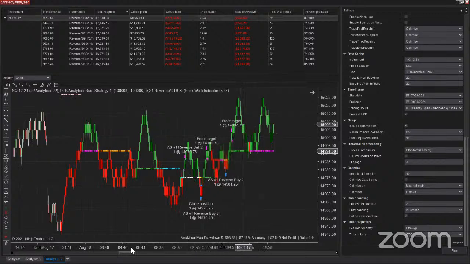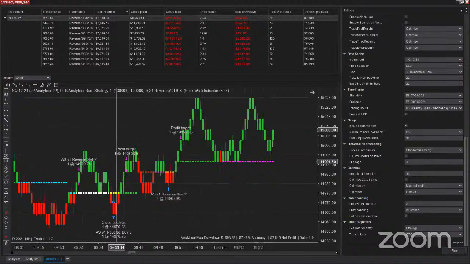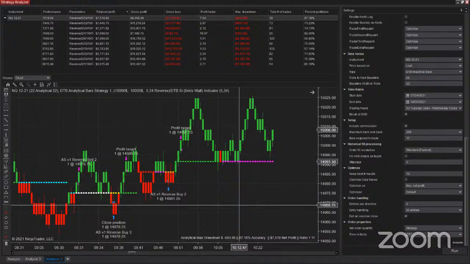You see it's entering much fewer positions, but when it takes a position, it's entering a reverse, and if the price is bouncing around like it does, it's going to be entering those types of positions. That's the cool thing about the strategy, you've got the reverse built into it to be able to take that option into consideration too.